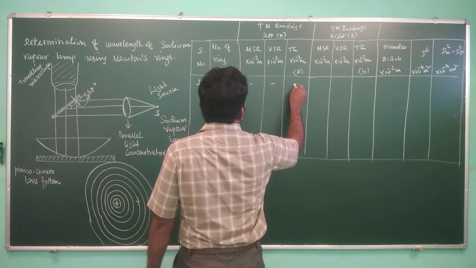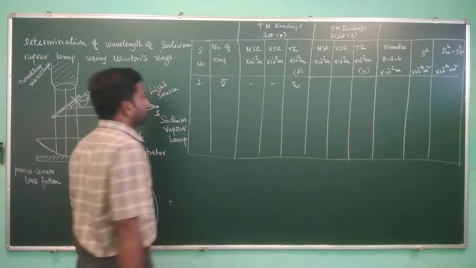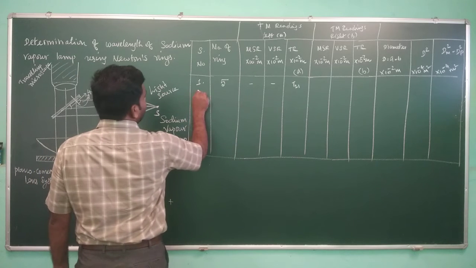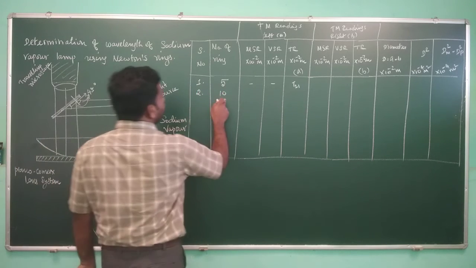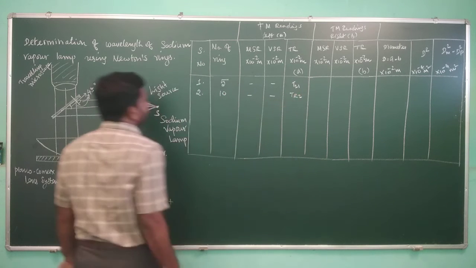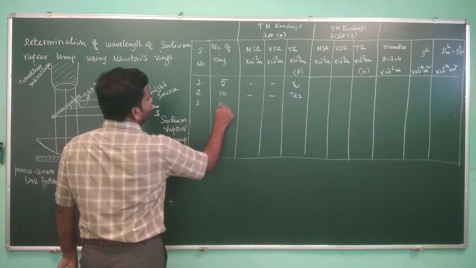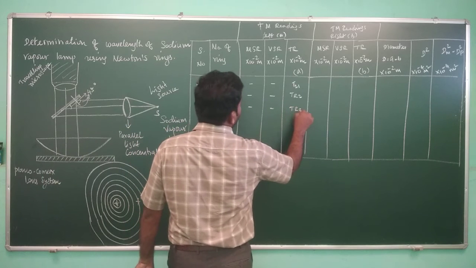Let's say this is TR1, total reading on the right side 1. Then we move another 5 rings, so it is the 10th ring. Again we note the reading, it is TR2. Then for the 15th we take the main scale and vernier scale readings and write TR3.